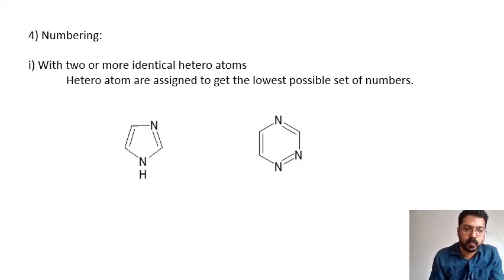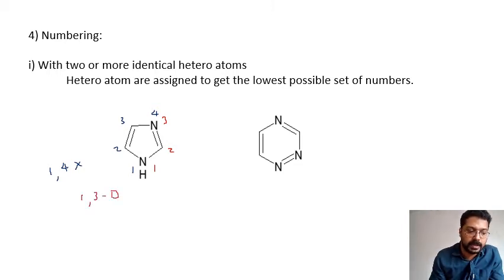One, I can write 1, 2, 3, or the other way, if I start from here, 1, 2, 3, 4. So this is 1, 4. So there are two sets: 1,3 and 1,4. Okay, 1,4 is wrong because we have 1,3. So 1,3 is the lowest set, 1,3 diazole.